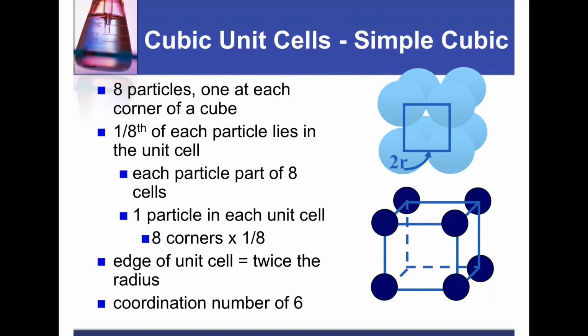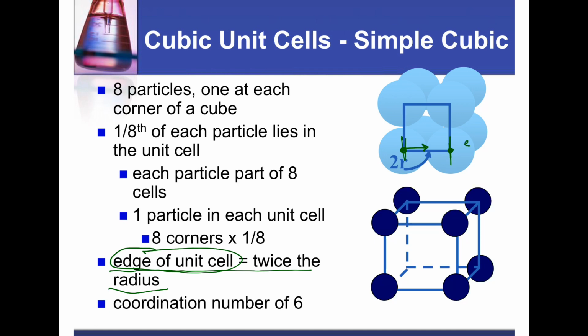Now, why that little detail down here is pretty important is because you can find the edge of the unit cell. The edge of the unit cell is the distance between 2 nuclei. So we can find that by using X-ray crystallography experimental data. So we can find this distance, the distance between 2 nuclei. And if we know that distance is equal to twice the radius of the atoms, we can find the radius.